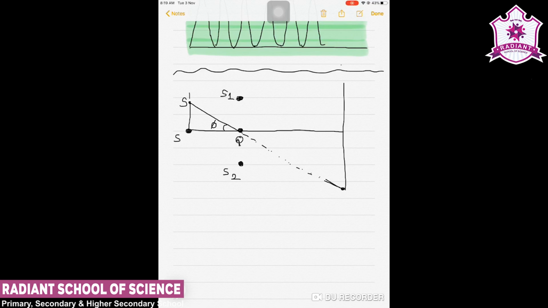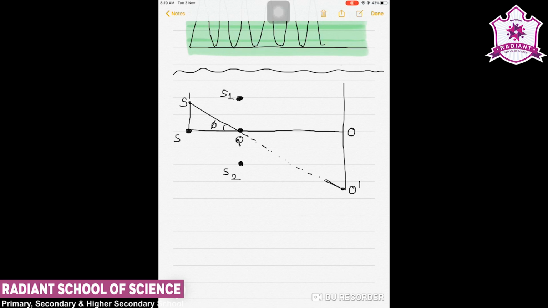Thus if the source S is on the perpendicular bisector, then the central fringe occurs at point O, also on the perpendicular bisector. If S is shifted by an angle phi to point S dash, then the central fringe appears at point O dash at angle minus phi. Here this is the actual O point, and this is O dash.